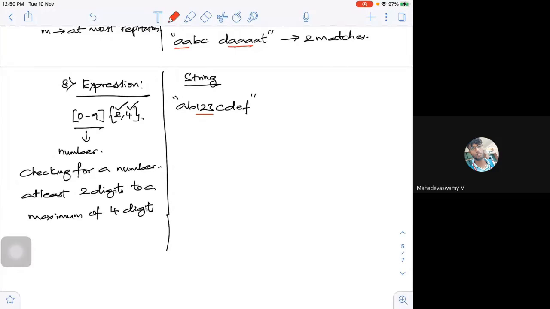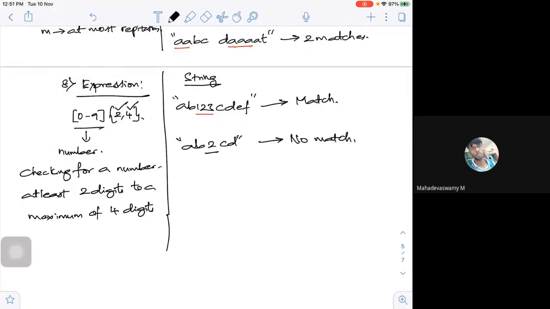So here I have found a match. Suppose I have something like this, CAB to CD. I am searching for a two-digit number, but I have a one-digit number too. It doesn't match. No match.